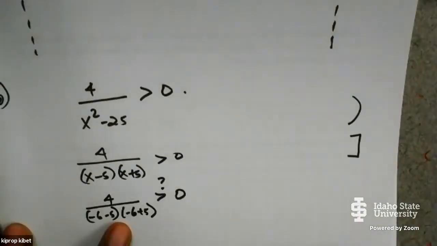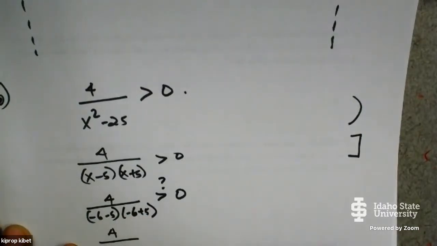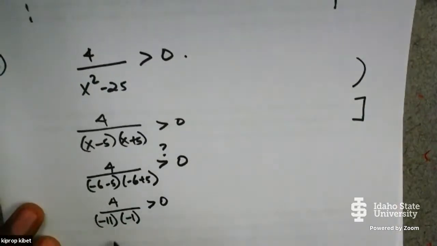Minus 6 minus 5 is minus 11, and minus 6 plus 5 is negative 1. So 4 all over minus 11 times negative 1 is 4 all over 11. Is this greater than 0? Yes.